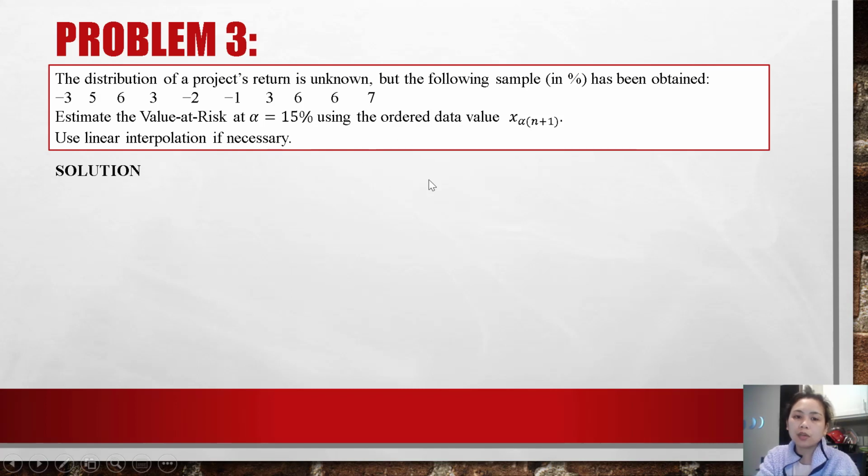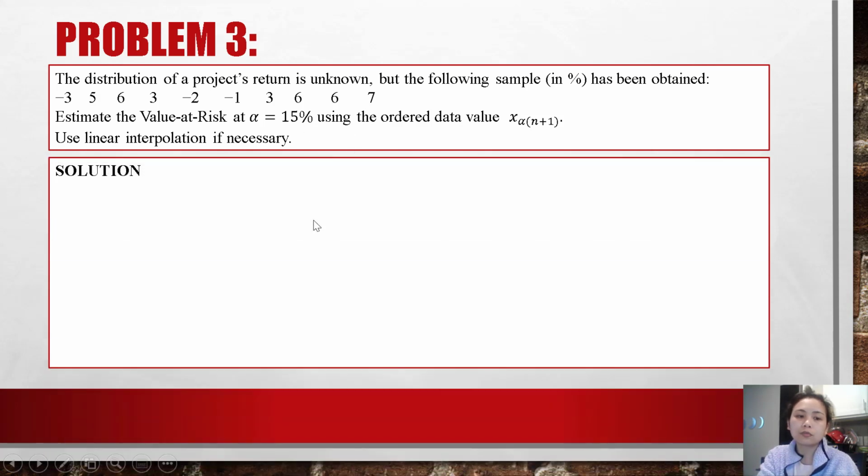Before we do any calculation, we have to arrange the data set in ascending order. We got -3, -2, -1, 3, 3, 5, 6, 6, 6, 7. There are 10 numbers in total.